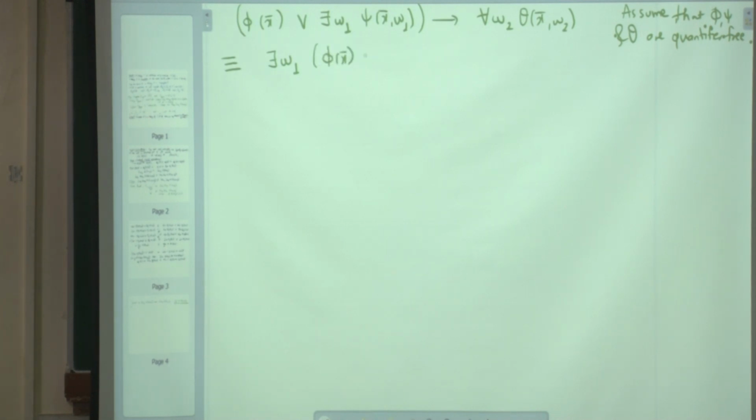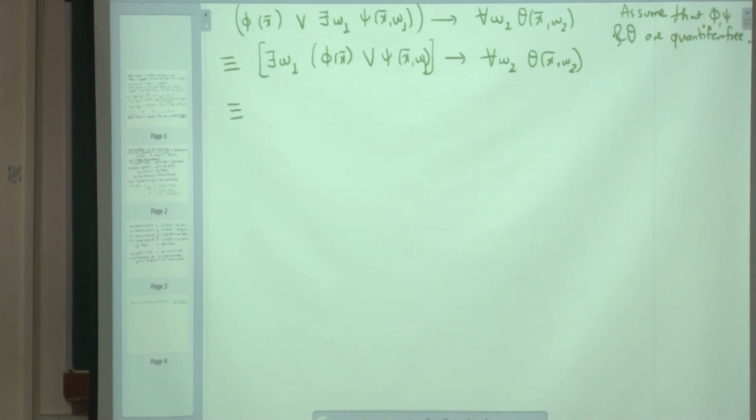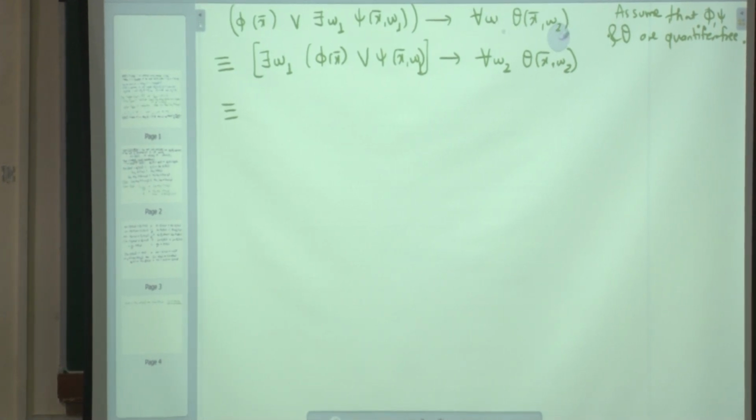Phi of x bar disjunction, and this whole thing, this is W1, and then implies this. Can I take out this there exists W1 now? Oh, maybe I should have done one more thing, sorry. I should replace these by W1s themselves. Please make this change.